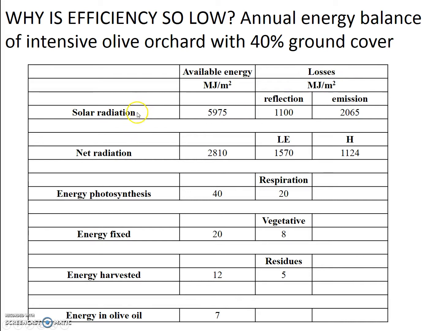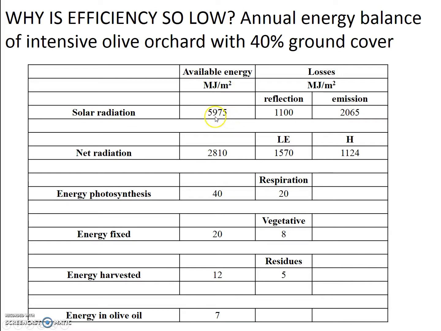This is an orchard in southern Spain, Córdoba, where the total solar radiation during the year is close to 6,000 megajoules per square meter.